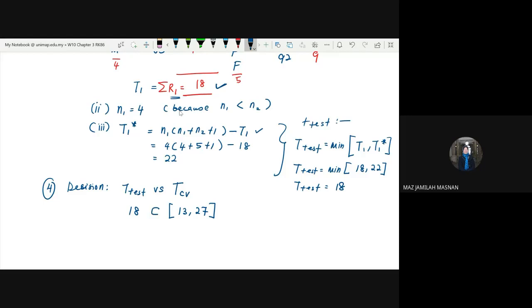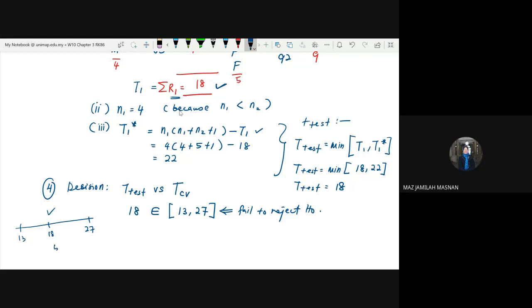So how do you check? Does 18 lie inside 13 until 27? Yes, it is inside because you have 13 until 27, and 18 is somewhere over here. So it is inside. So in this case, we fail to reject the null hypothesis.